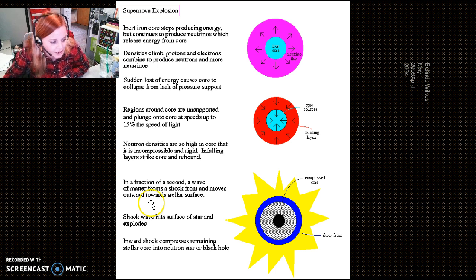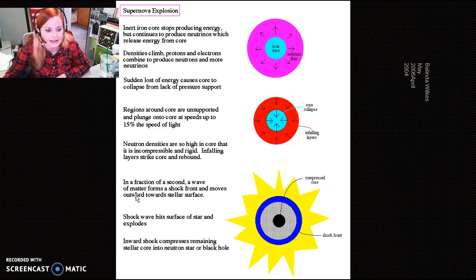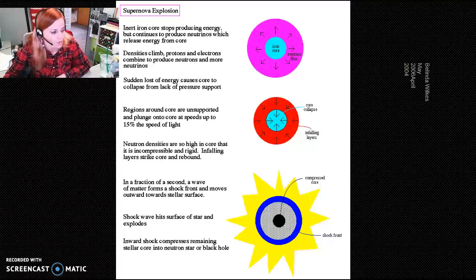It says in a fraction of a second, a wave of matter forms a shock front that moves outward towards the stellar surface. The shock wave hits the surface of the star and explodes. The inward shock compresses remaining stellar core into a neutron star or a black hole. So then we need to ask ourselves, well, what does it become, a neutron star or a black hole, and why?